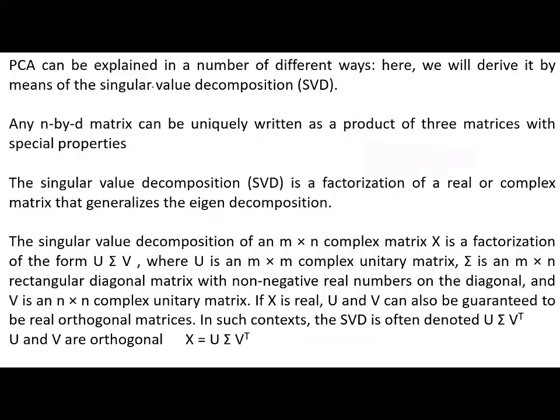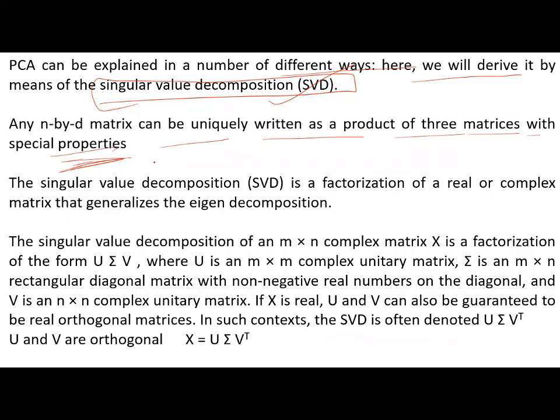Next, PCA can be explained in a number of different ways. Here we will derive it by means of singular value decomposition. An n by d matrix can be uniquely written as the product of three matrices with special properties.